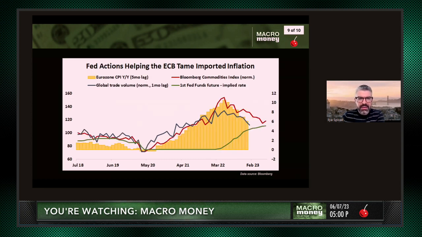In fact, the saving grace here seems to be, because of the Fed's ability to move rates around everywhere, some hope for imported disinflation. What you see here in the green is Fed rates going up. In the red is the Bloomberg Commodity Price Index.